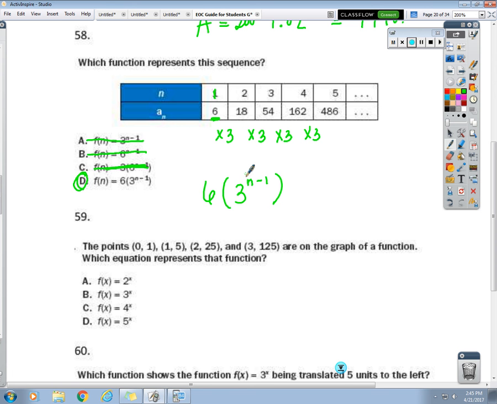Plug in 1 for the n. 1 minus 1 is 0. Anything to the 0 power is 1, and 1 times 6 is 6. Also, once you see that, you'll be like, oh, the first term came out front, and then it's tripling, so that's the base. Okay, that's the factor.